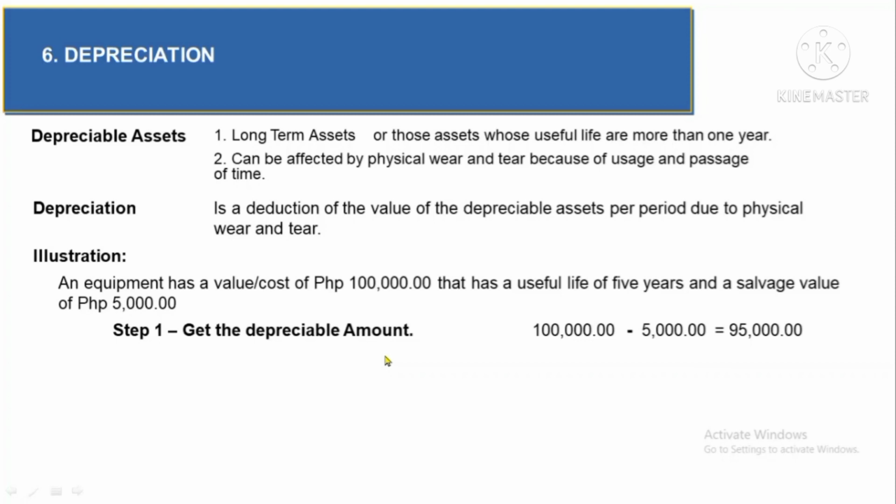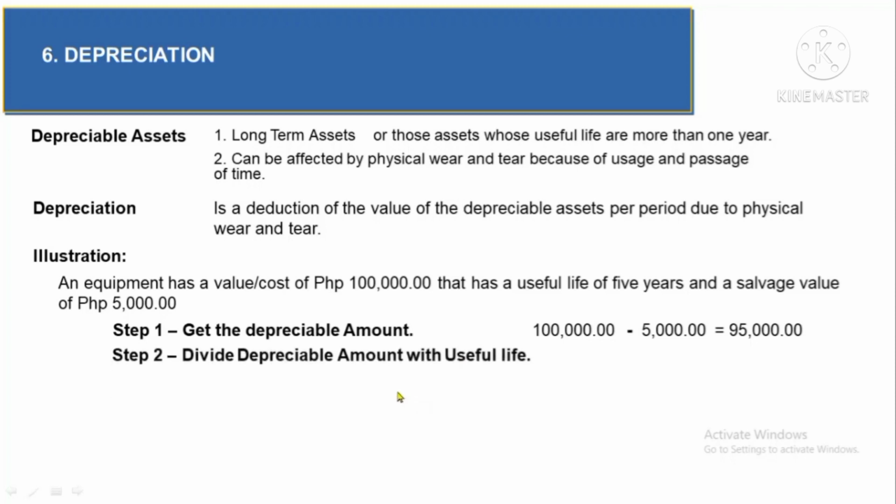The depreciable amount is the total decline in value if the asset becomes useless. If you analyze the problem, the conclusion is that even after the equipment has been fully utilized, it still has a value of 5,000. So the maximum decrease in its value during its useful life of 5 years is only 95,000.